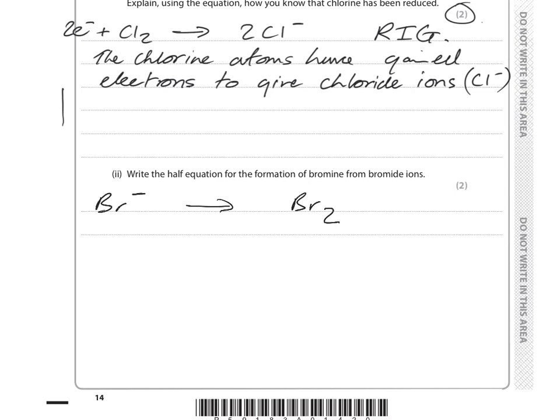It's got 8 electrons in its outer shell. And bromine, the atom, has 7 electrons in its outer shell. So it's got to lose an electron. So plus e minus, well, I need 2 bromide ions, and it's going to lose 2 electrons. Each bromide ion loses 1 electron to become a bromine atom. And so that's the equation there for 2 marks.